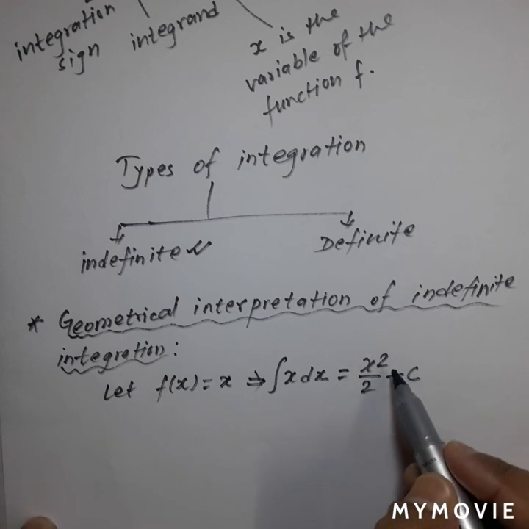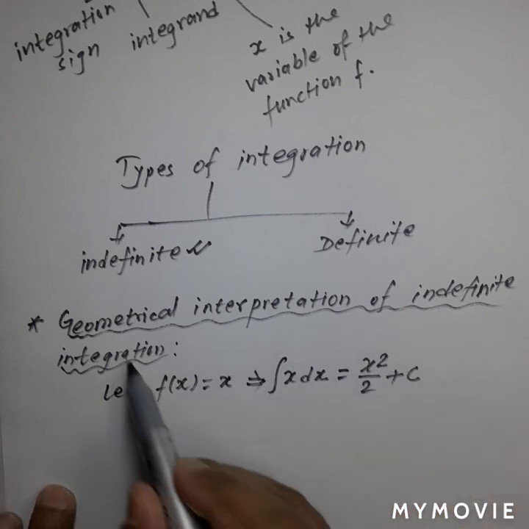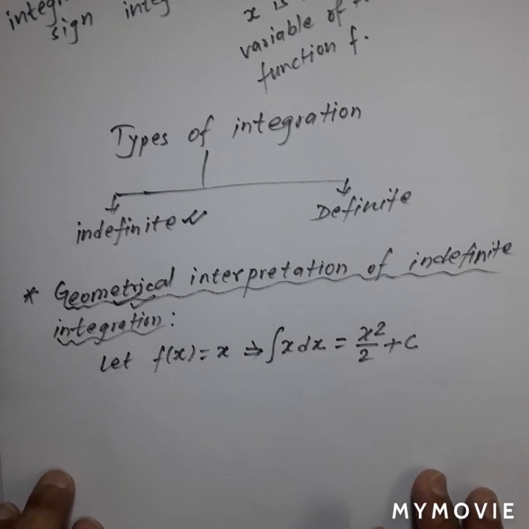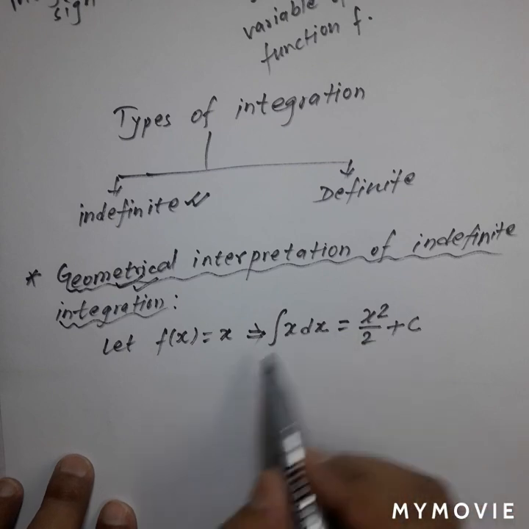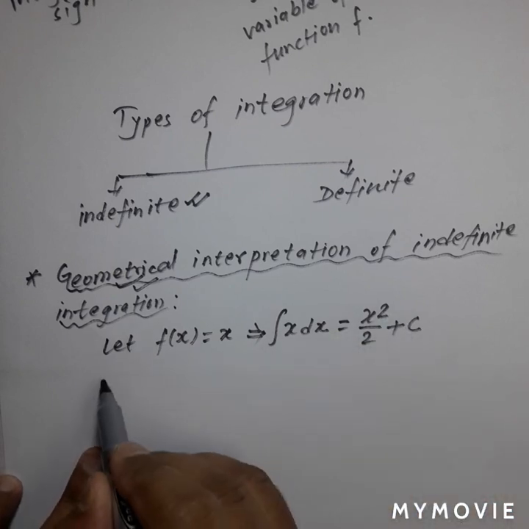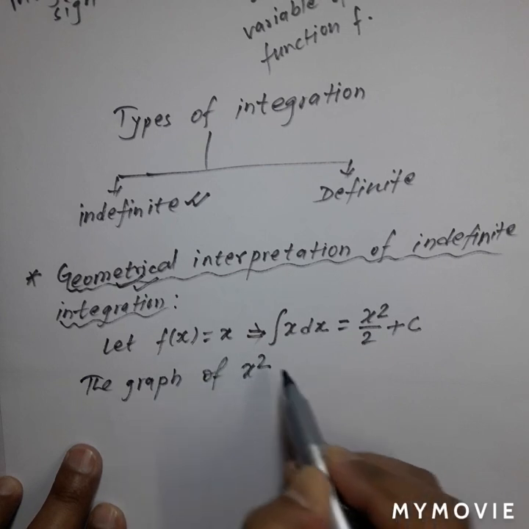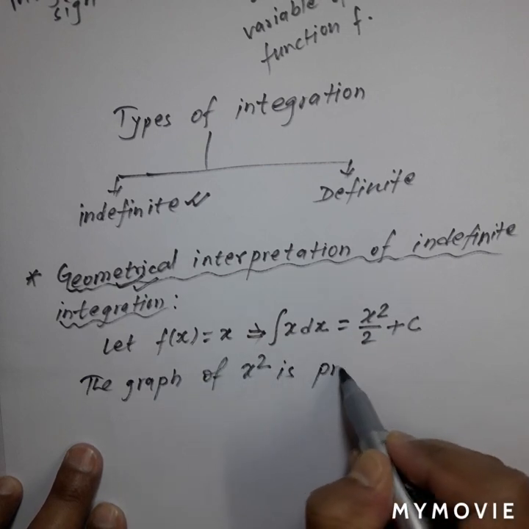Geometrical interpretation means we have to show this graphically. If we take this function x square, the graph of x square is always a parabola.